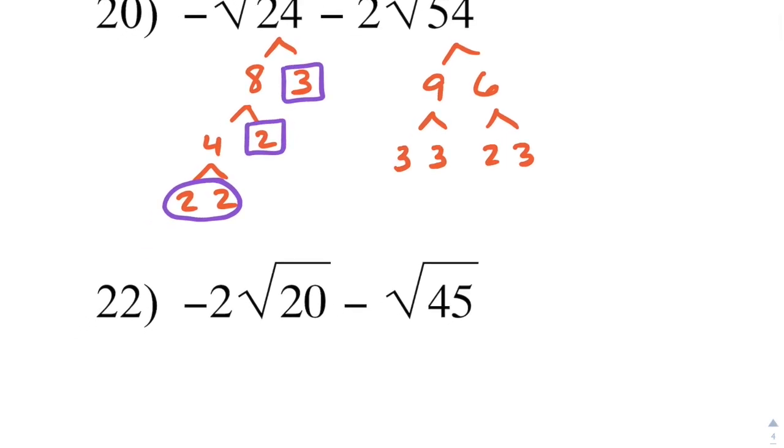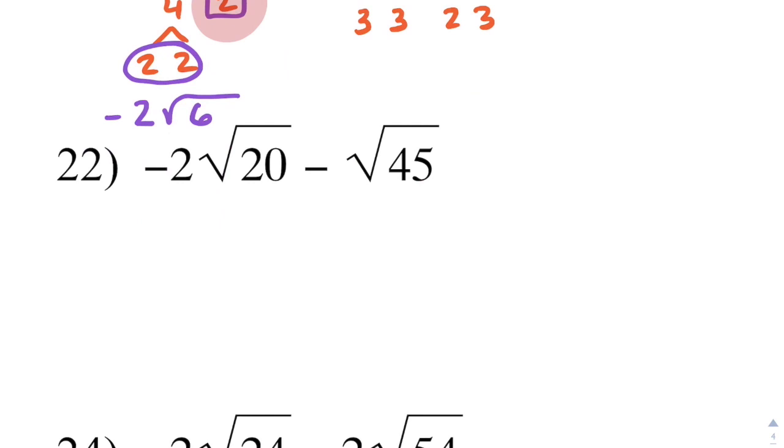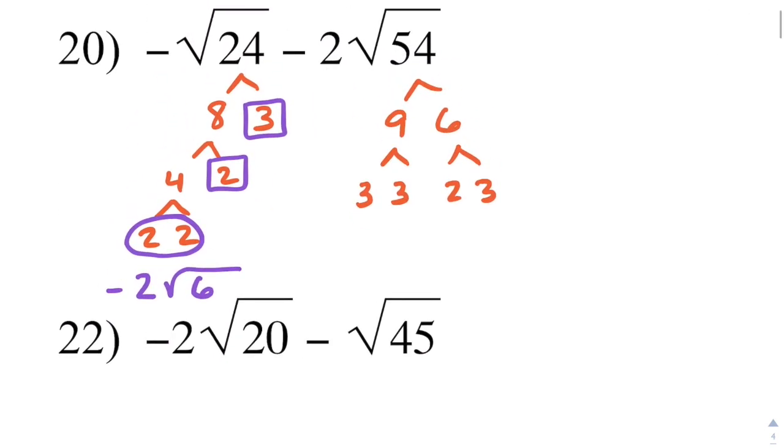So it looks like I have negative 2 square root of 6. The 2 and the 3 are left over. What I took out was the grouping of 2, and I took down my negative as well. Okay. And this one, looks like I'm going to group up the 3's.